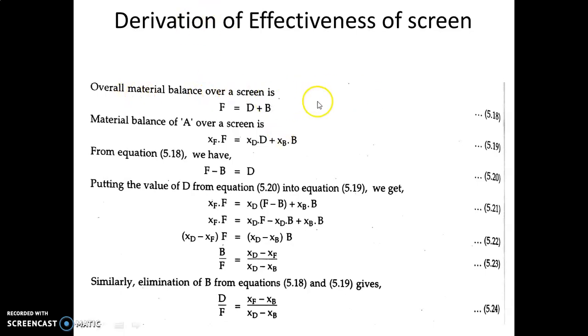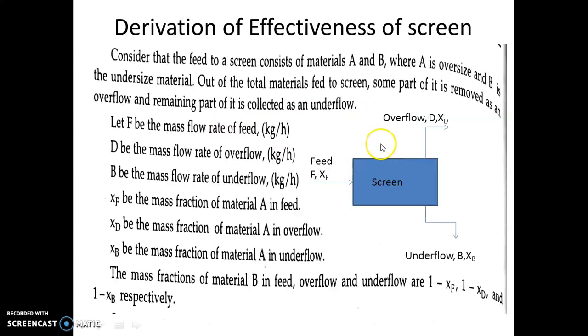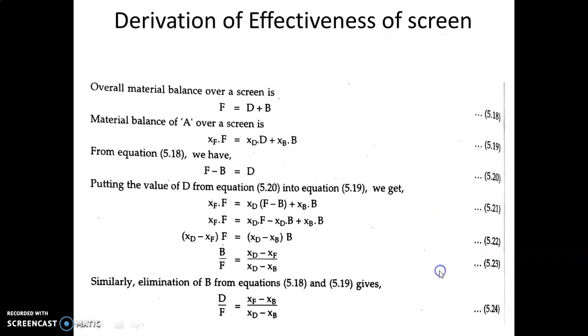That is known as the material balance. Here the material balance for the screen is F equals D plus B. That means the total mass flow rate is F, some material goes into the overflow and some material goes into the underflow. So F equals overflow D plus underflow B. This is written here.